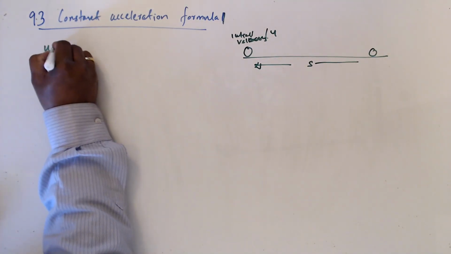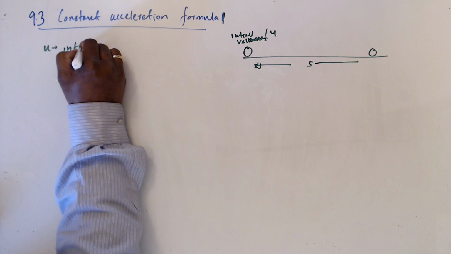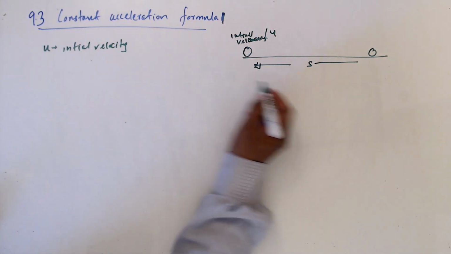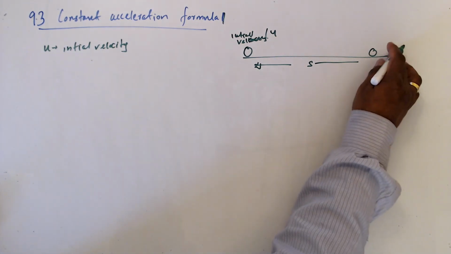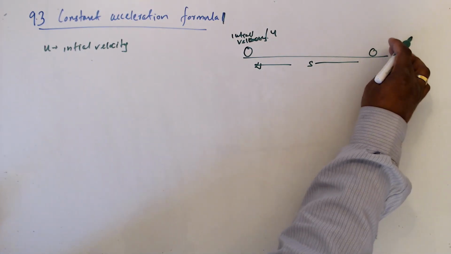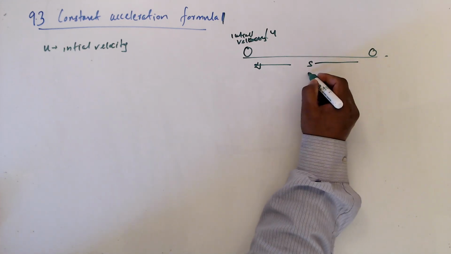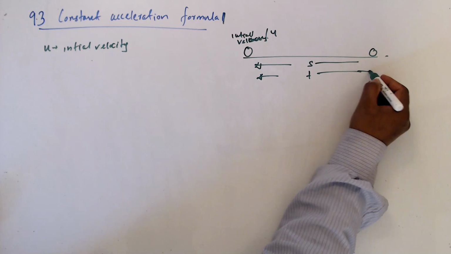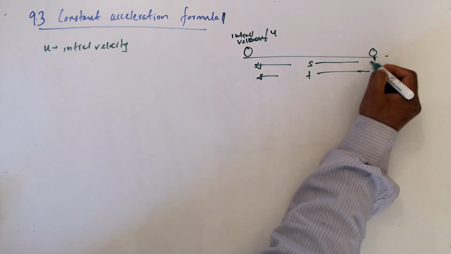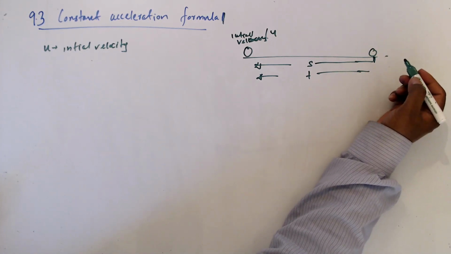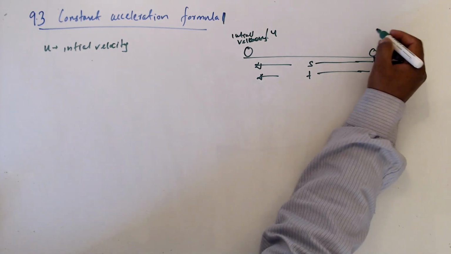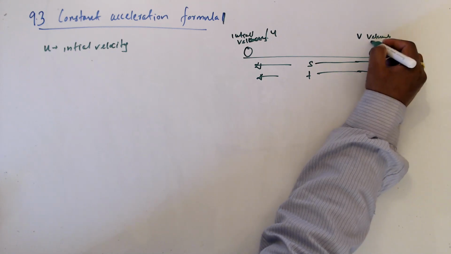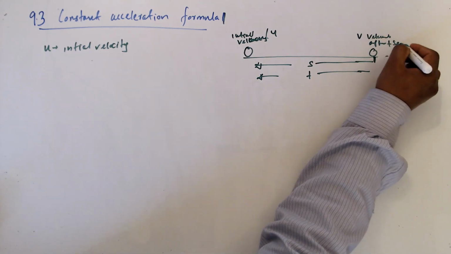So u is initial velocity, and assume that t is the time it takes to come to this s distance, the displacement, or this is v, velocity after t seconds.